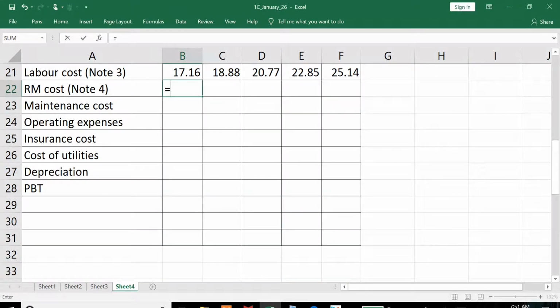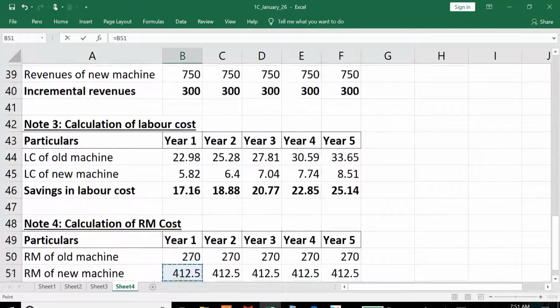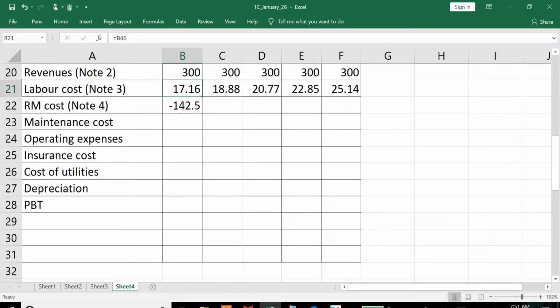So this will come as a negative item. Some of these items I could have done for only 1 year and written the same amount every year, while some items we will have to do for all years. Raw material cost 142.5.